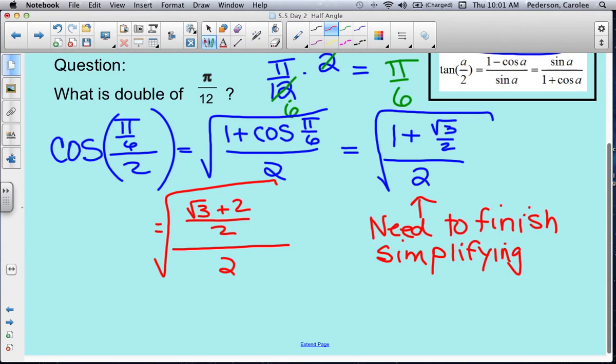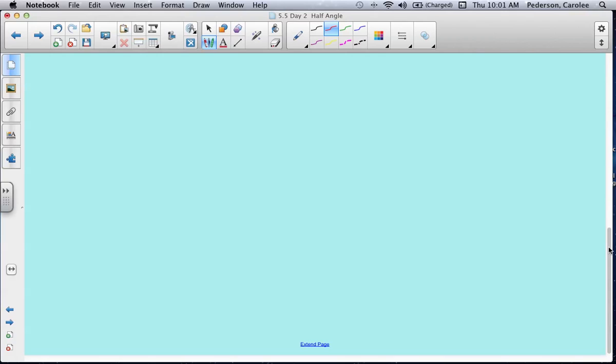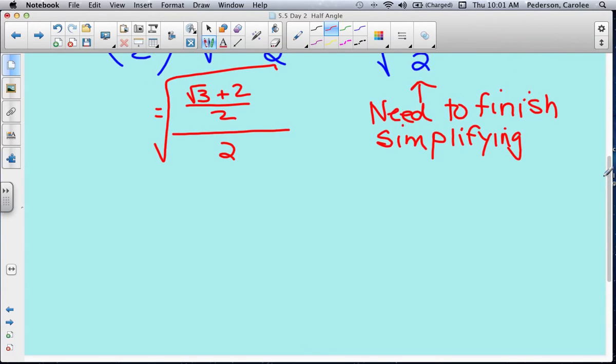And then you would change this to multiplication and reciprocate that 2. So square root of 3 plus 2 over 2, reciprocating that 2 would be 1/2. And then we'd multiply across.